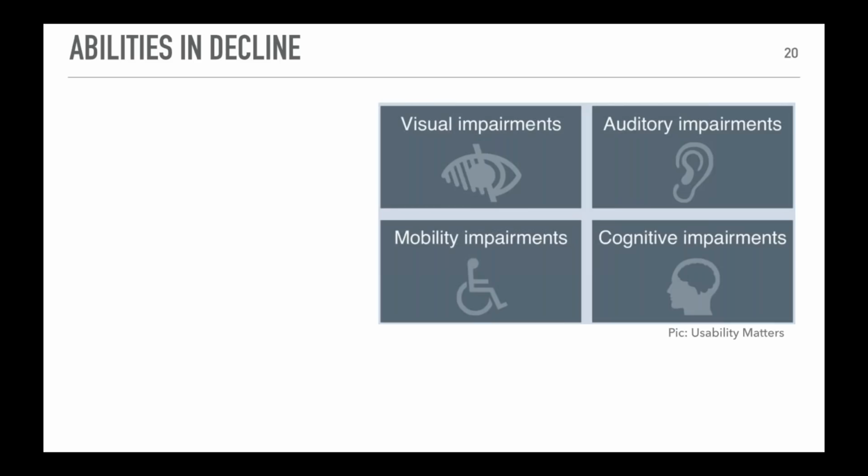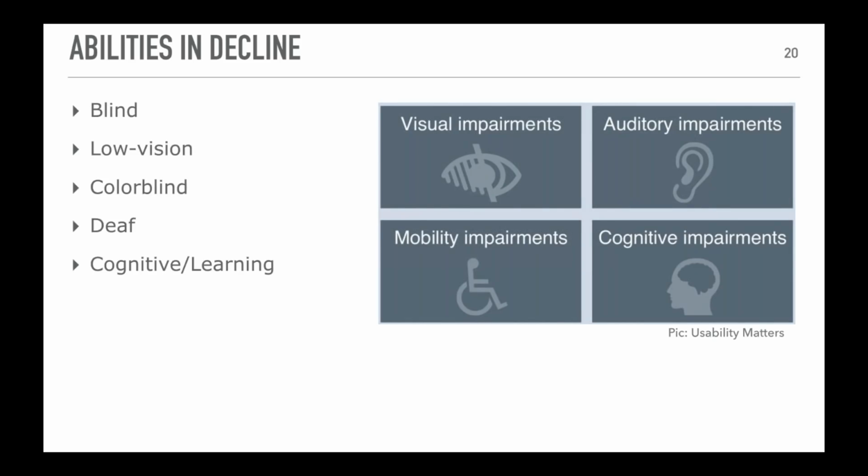We saw some examples, and those go quite well with the real world scenarios, right? But who are the users that we're talking about here? It's exactly people with visual impairments, auditory impairments, mobility impairments, and cognitive impairments.